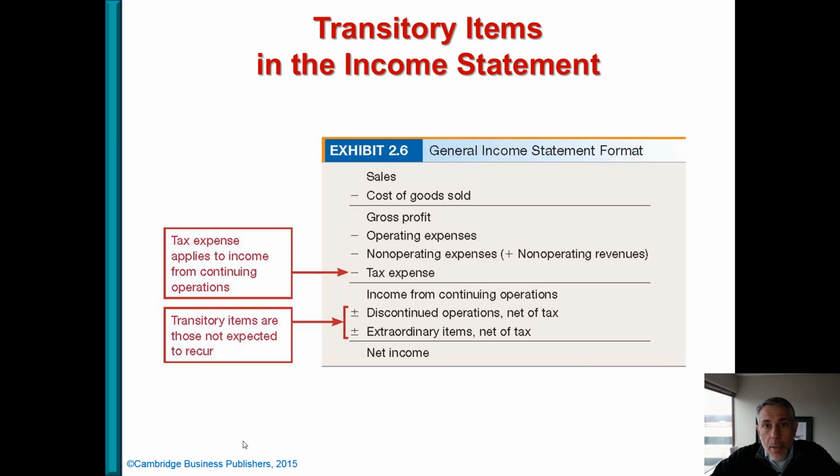But if you look back and the management team has a 5, 10, 15-year track record of listing items in these transitory boxes here, you might scratch your head and begin to think, maybe these expenses are not so non-recurring after all. And if that's the case, then as analysts, we have to budget for that in the future.